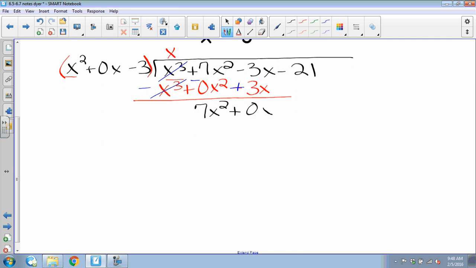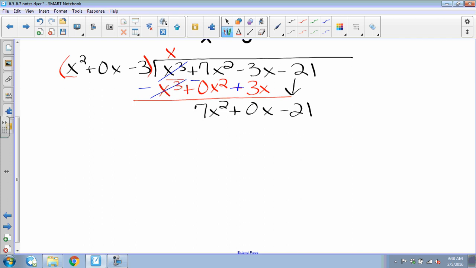So, plus 0x, then bring down minus 21. Okay, so, we divide, multiply, subtract, we brought down.